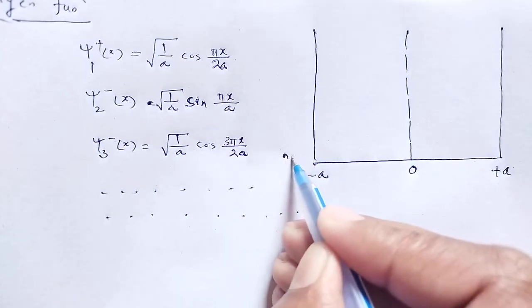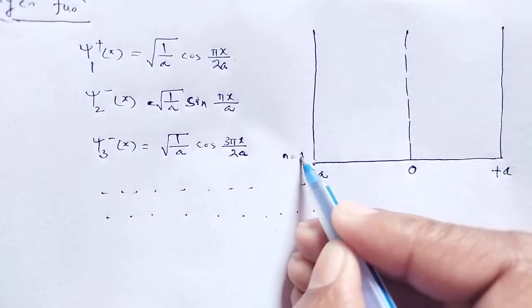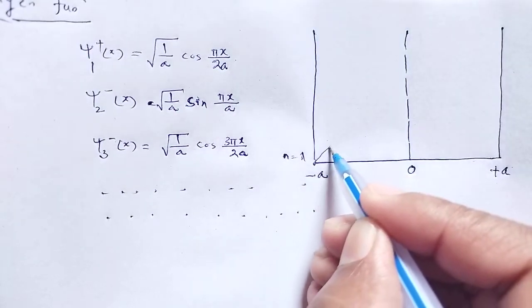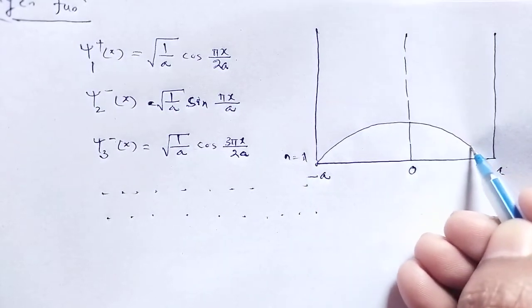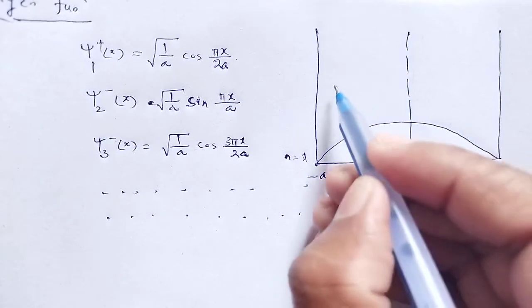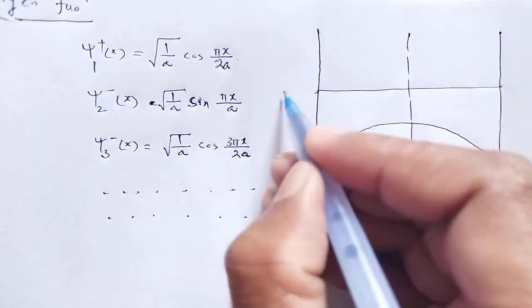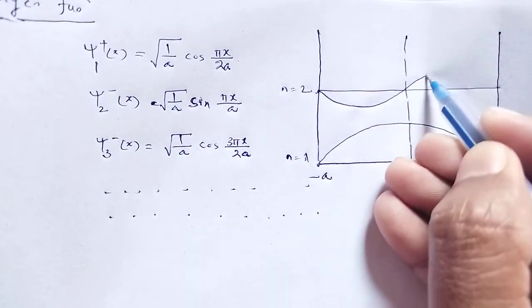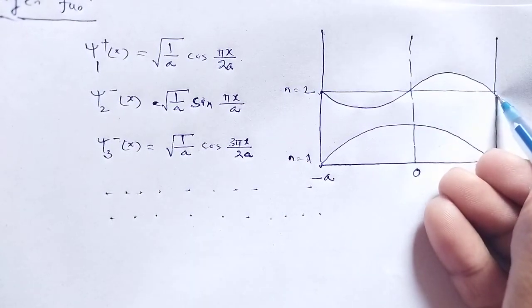Here n is equal to 1, 1 by a cos, this; and for n is equal to 2, we have this, like this.